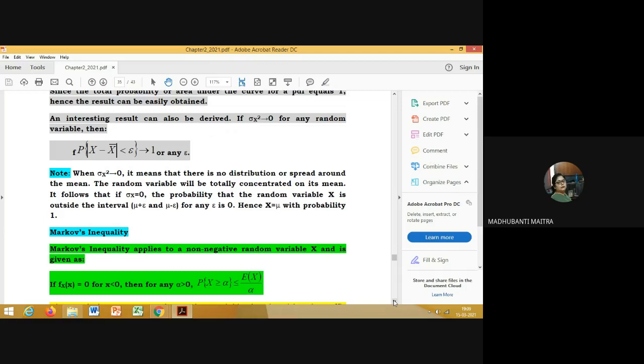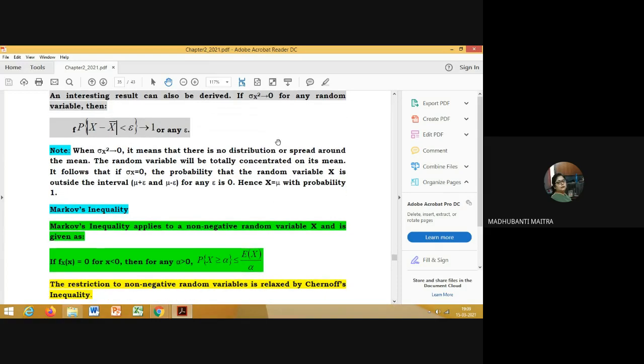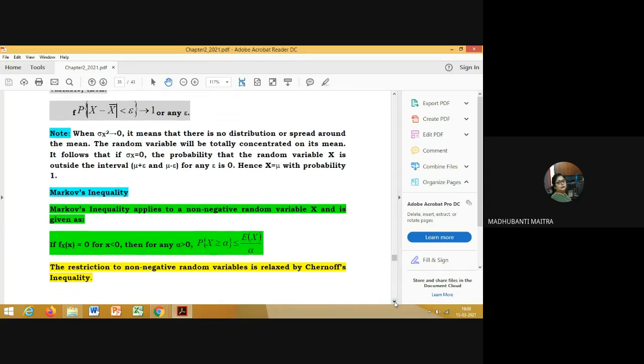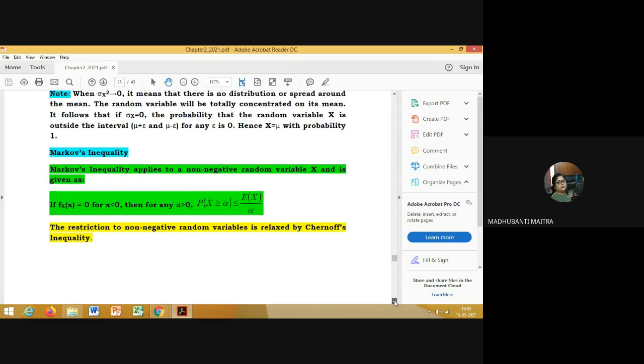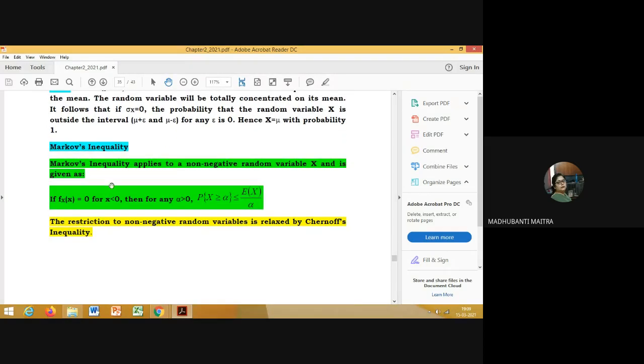Now, the second inequality. Chebyshev's inequality is a stricter inequality compared to the second inequality that we are going to discuss, that is Markov's inequality. Why? That we'll discuss after completing the third chapter. Markov's inequality applies to a non-negative random variable x.